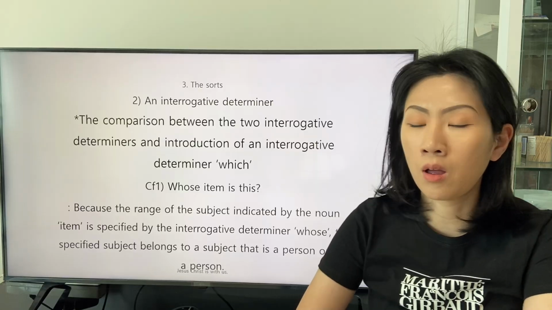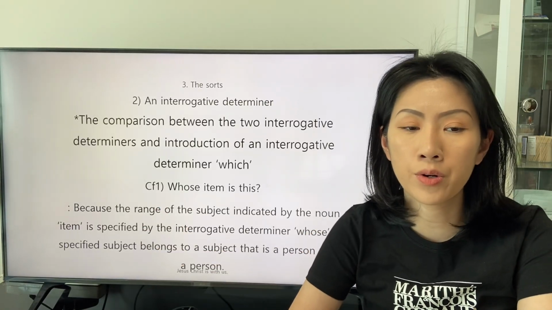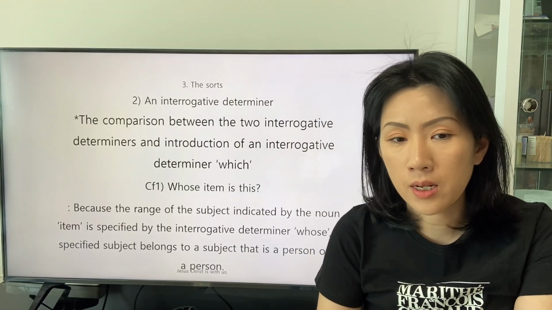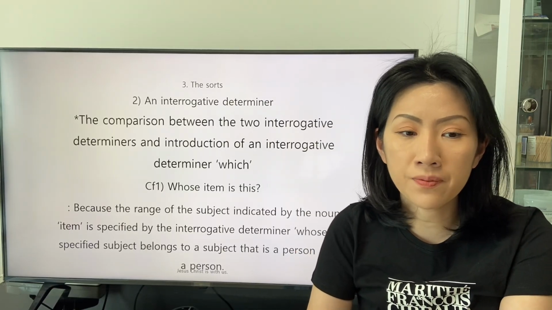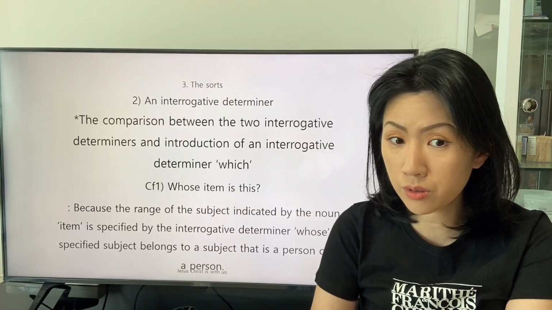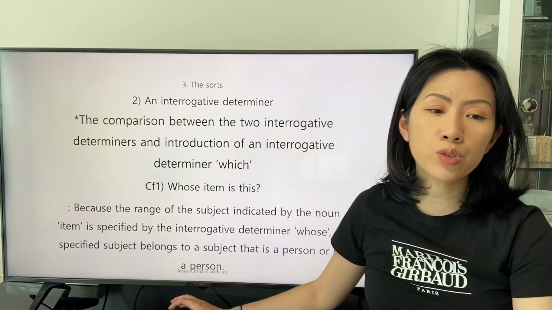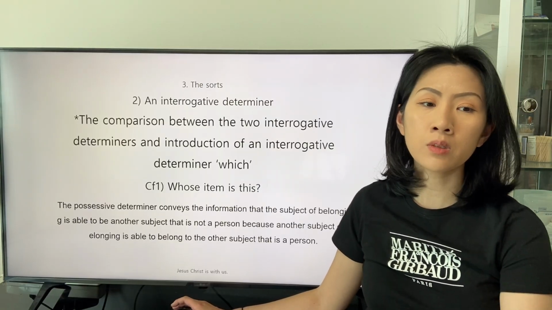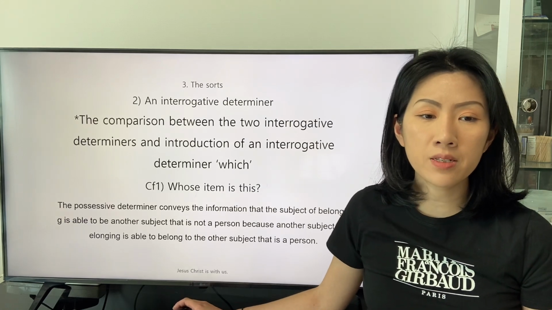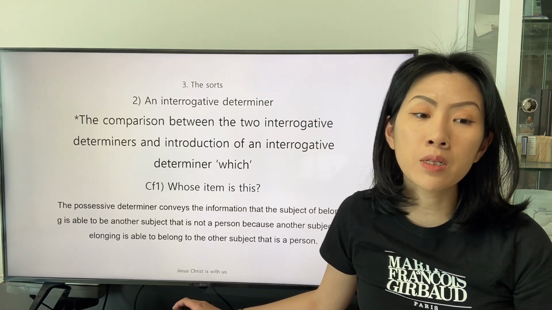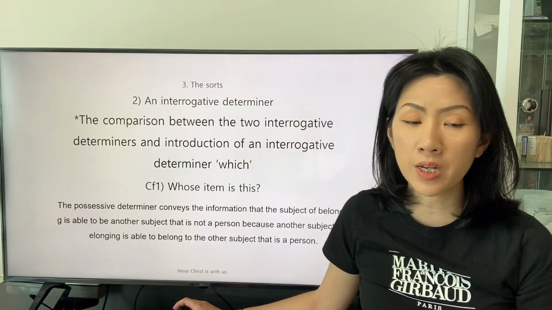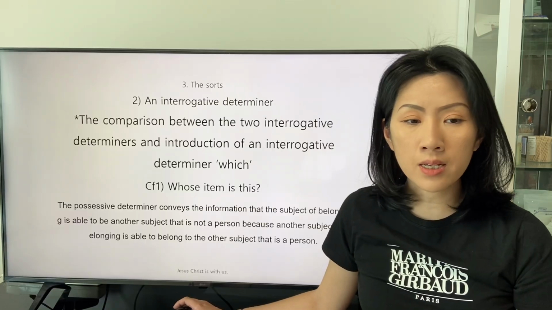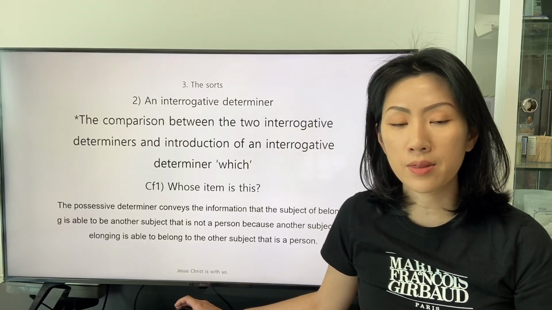Okay, let's read the explanation under the first conference. Because the range of the subject indicated by the noun item is specified by the interrogative determiner whose, the specified subject belongs to a subject that is a person or not a person. The possessive determiner conveys the information that the subject of belonging is able to be another subject that is not a person, because another subject of belonging is able to belong to the other subject that is a person.